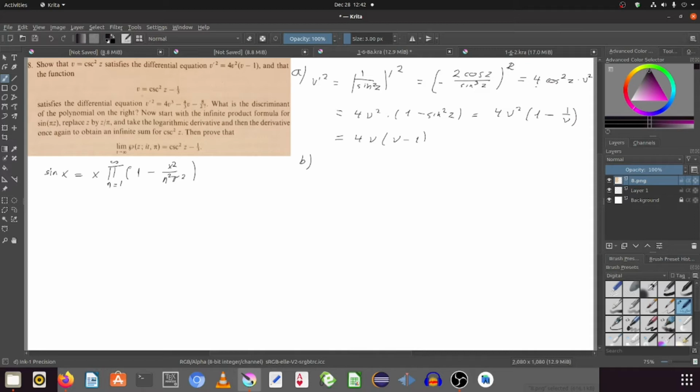B, this function satisfies this differential equation. They call that v as well. I don't like that. So let's call that double v, w. Oh, that's the same. It has the same derivative.